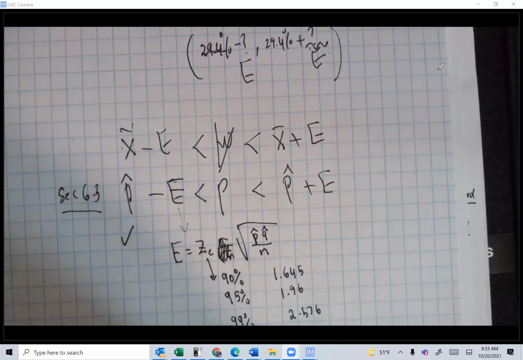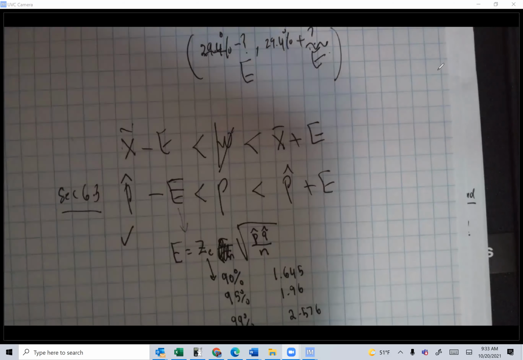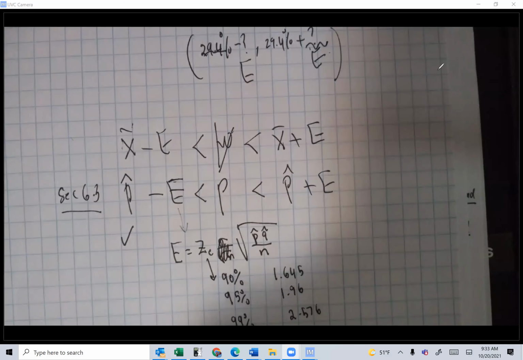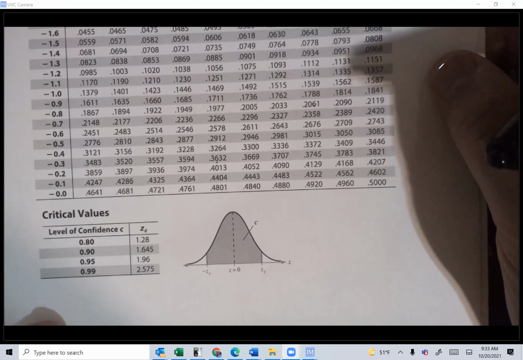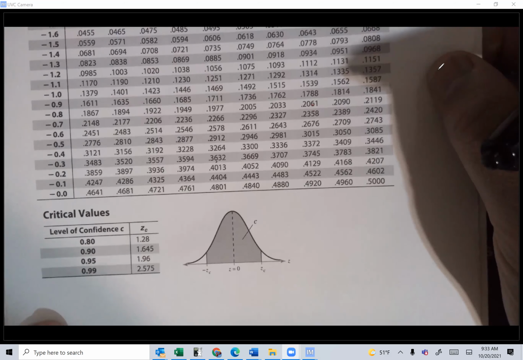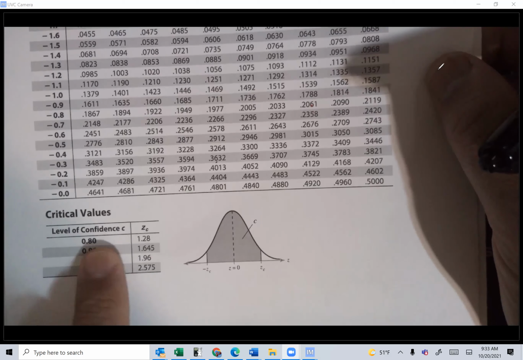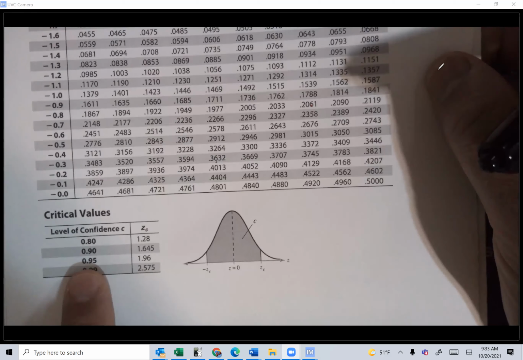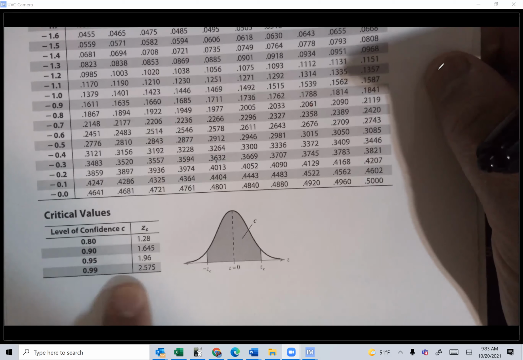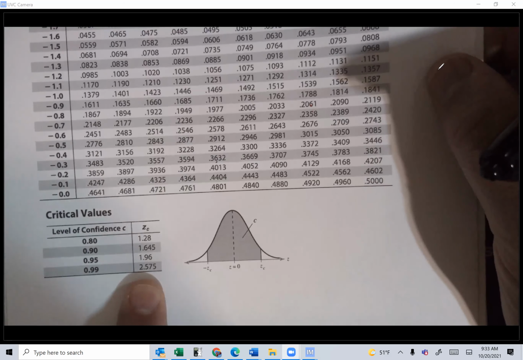And they are available at the bottom of the table as well, guys, just to show you here. Watch, they're right here. 1.645. I wouldn't memorize the 80%. It's not very popular. 90, 95, 99, 2.575, or 6, it doesn't matter.